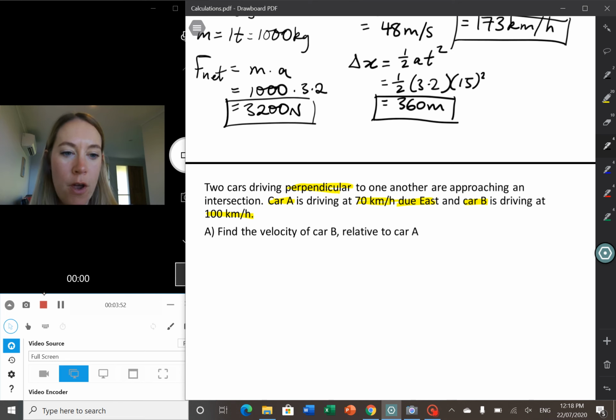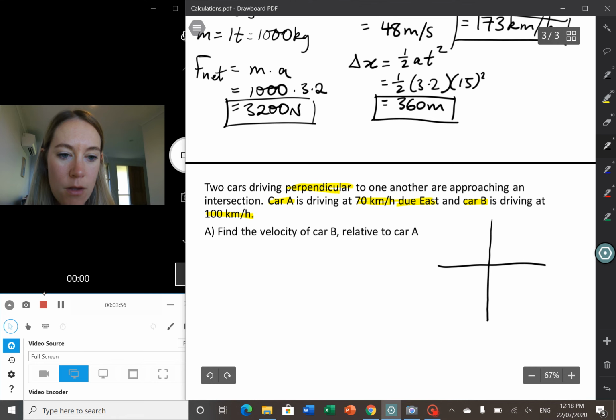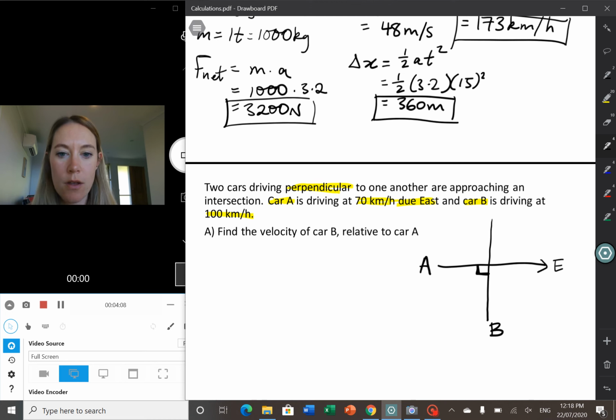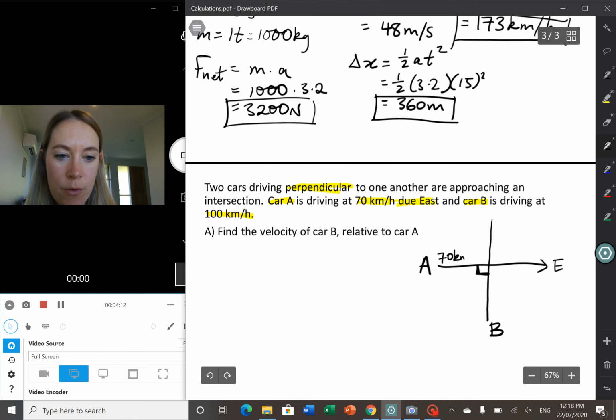So I'll draw a diagram. If car A is here, car B must be here, and we know that this is east. We're told the velocity of car A is 70 kilometers an hour, and that car B is 100 kilometers an hour.